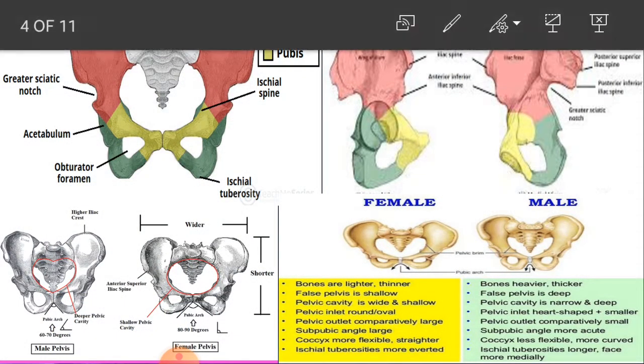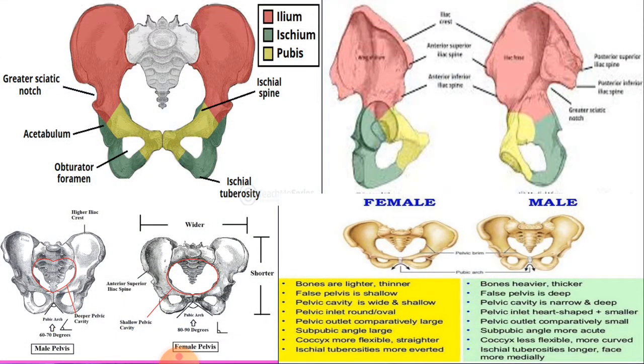So, as we have already discussed, these three bones, ilium, ischium, and pubis, fuse at this point, which is called the acetabulum, and the head of the femur joins with the acetabulum and forms the hip joint.